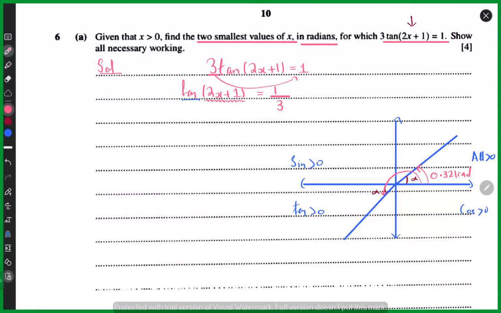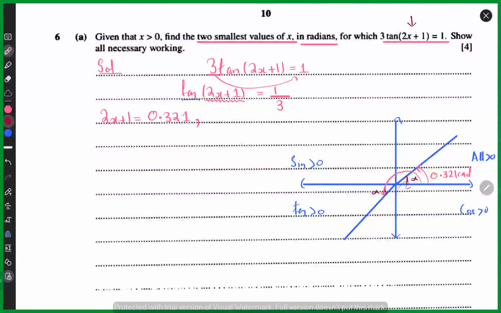Usually we have theta here, or usually we have one variable here. This time around we have 2x plus 1. That's fine. So 2x plus 1 is basically equal to 0.321. This is the first value. And can anyone tell me what would be the value in the third quadrant? What is the formula for the third quadrant?